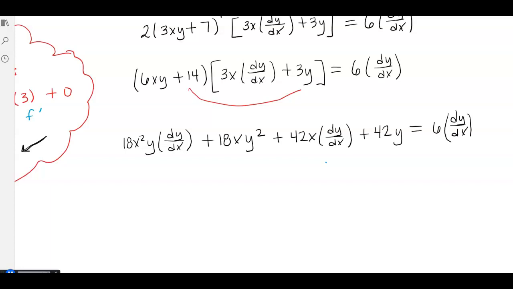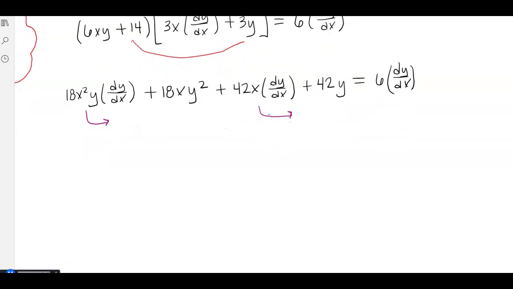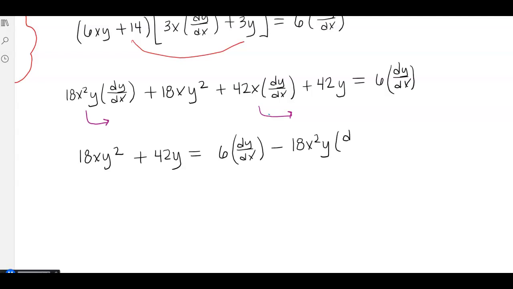Okay, so we'll move this guy over to the right and this guy over to the right, so that we can factor the dy dx out of each of these terms.